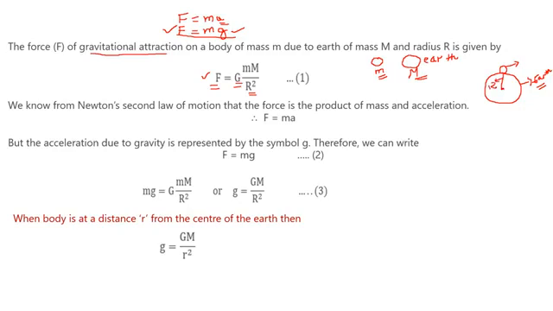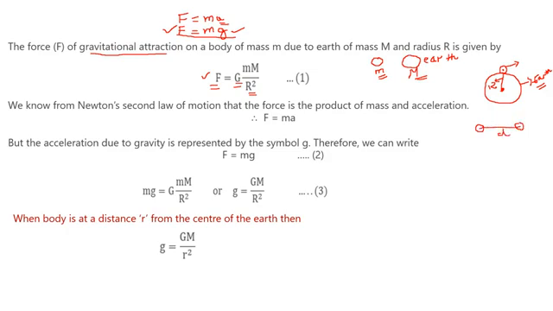Now this distance is from the center of the Earth to the center of the object. So this distance, capital R, will be considered as the radius of the Earth. In case the objects are two different balls, then definitely the distance between the centers of the objects will be considered as the distance.